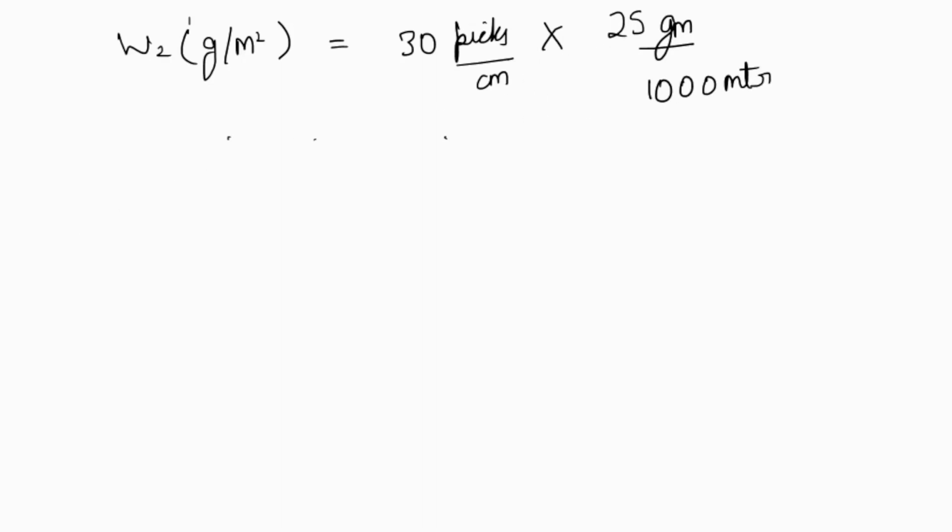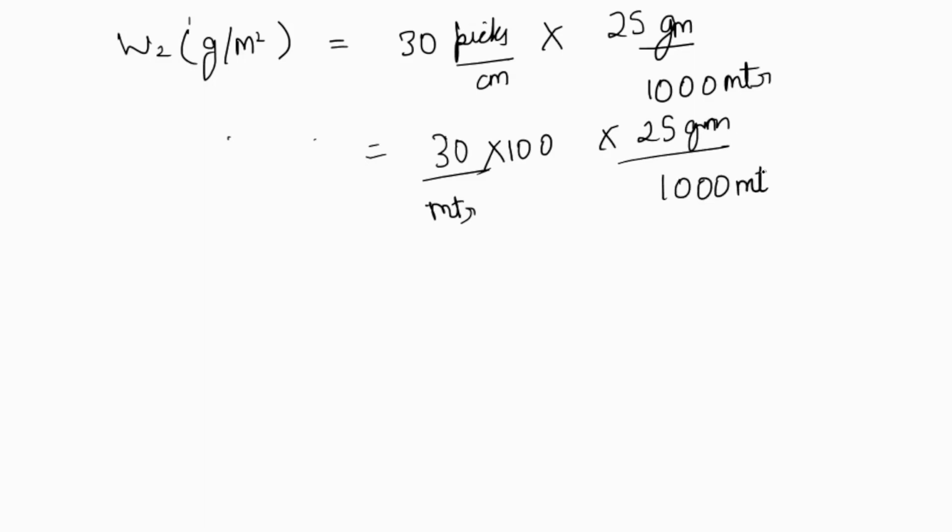These values are given. Converting per centimeter into per meter, it is 30 into 100 into 25 gram per 1000 meter. If you calculate this, the answer comes out to be 75 gram per meter square, W2.